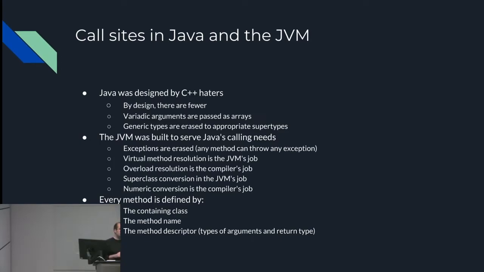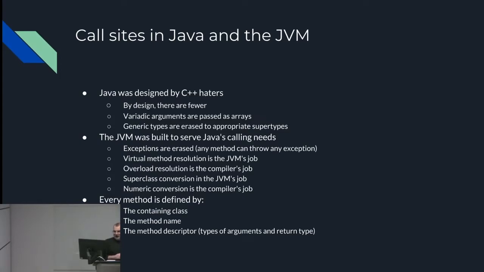So if you have a function that takes an object and you pass it a string, the JVM is the one that figures out, yeah, a string is an object. It's fine. Nothing's going to explode. Doing any numeric conversion is the compiler's job. So if there needs to be widening, narrowing, or changing from float to integer types, the compiler has to do that.